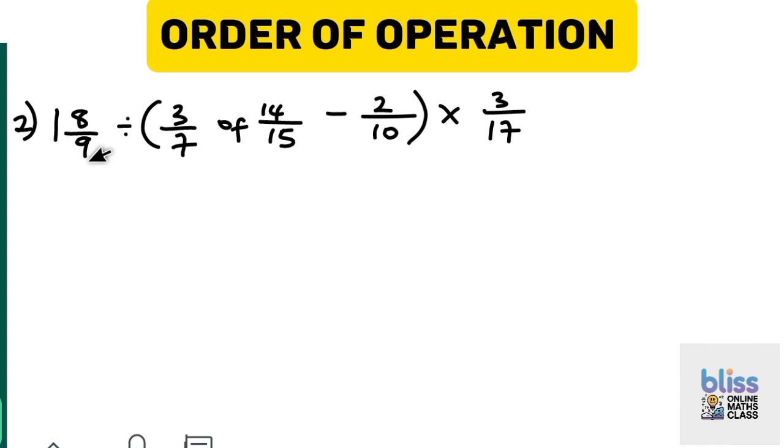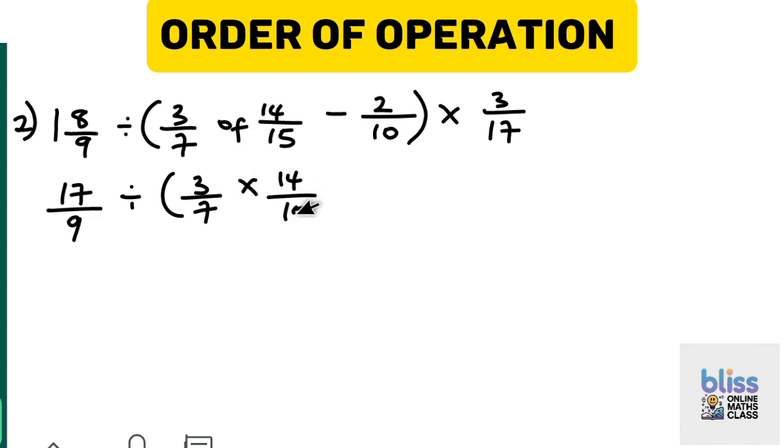So this will be equal to 9 times 1 is 9 plus 8 is 17. This will be equal to 17 over 9 divided by 3 over 7. We'll change this to times 14 over 15 minus 2 over 10 times 3 over 17.